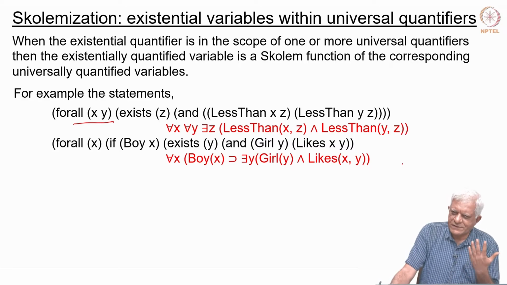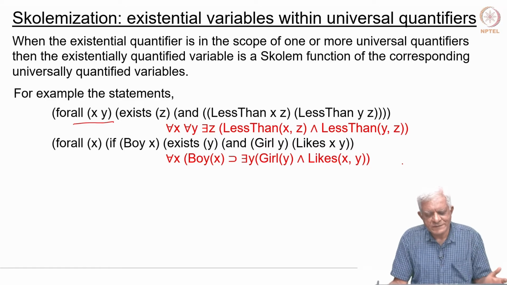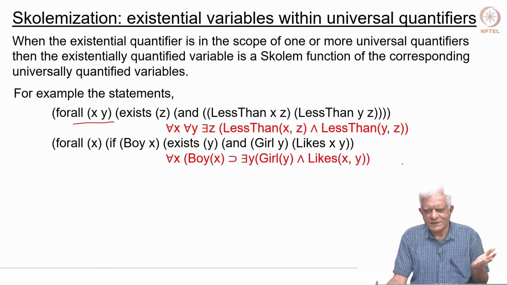Now in English language, this could be confusing. You could simply say every boy likes some girl, or everyone likes some girl, or something like that. What is the real meaning of that essentially? So, when we write this in logic, you can see that the meaning is clear. In one case, there is a girl who everyone likes. That could have been also said as everyone likes some girl.